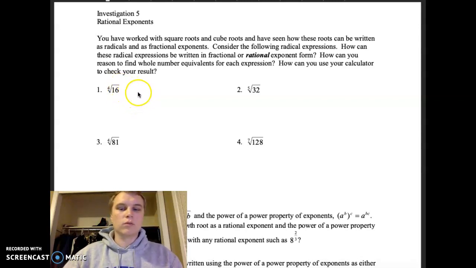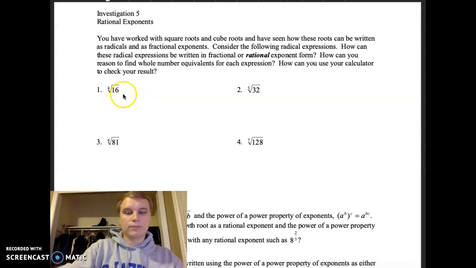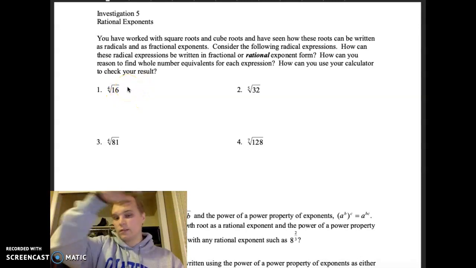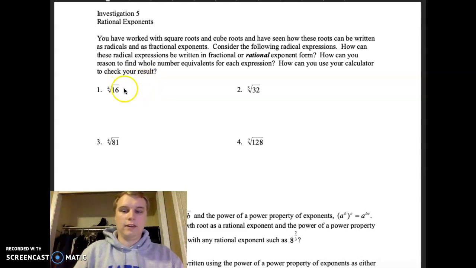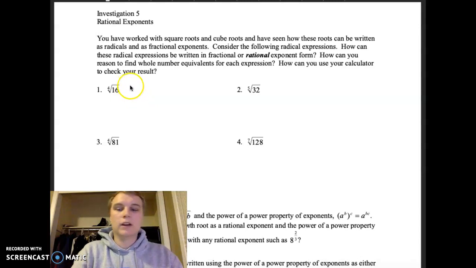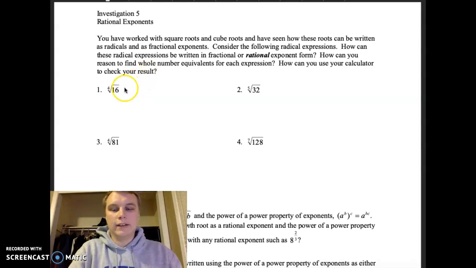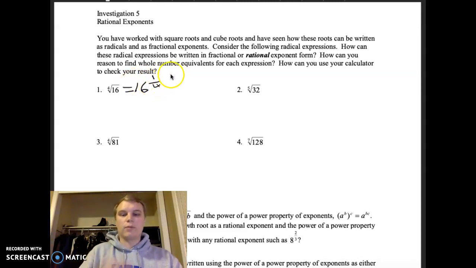So what we need to do is, how many times do we need to group, or what do we need to have 4 of that gets us 16? Okay? So let's start by writing this as a radical exponent. So that's going to be 16 to the 1/4, right? Okay, so our exponent is 1/4.